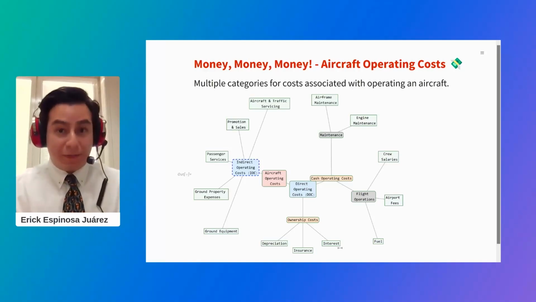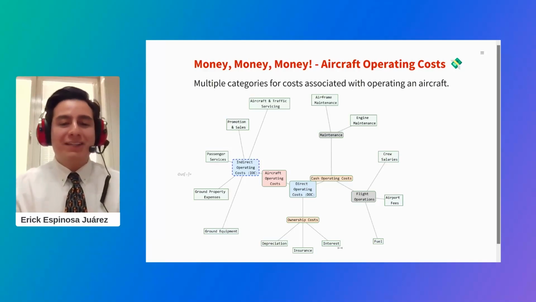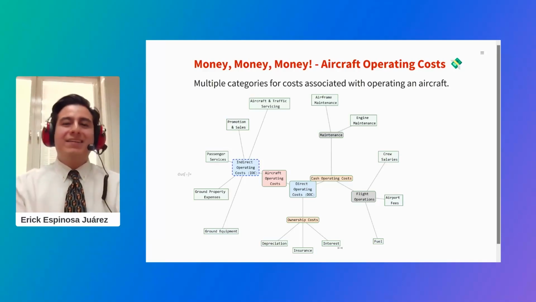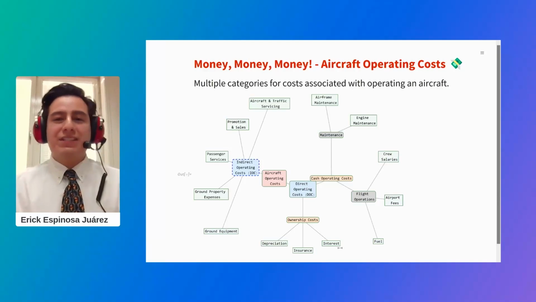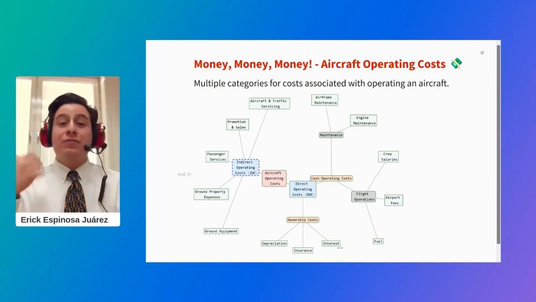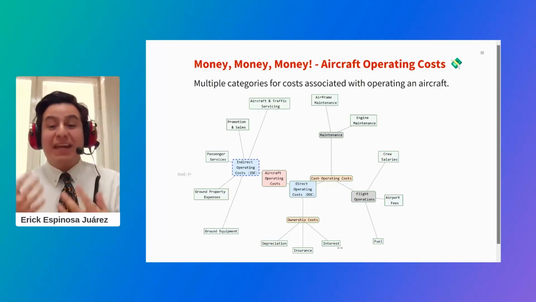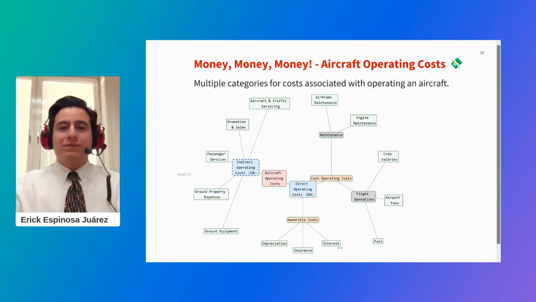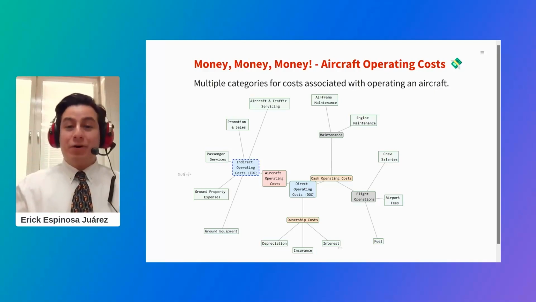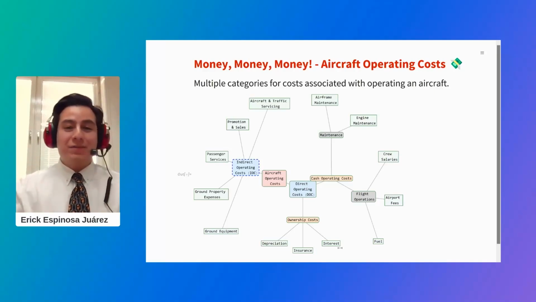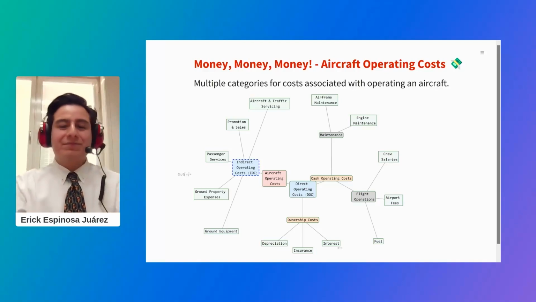The ones that we can measure are normally the direct operating cost. This includes the categories that you might initially think about, the fuel, the pilots, the maintenance, and not only that, but the ones associated with owning an airplane, the insurance, the depreciation, etc.